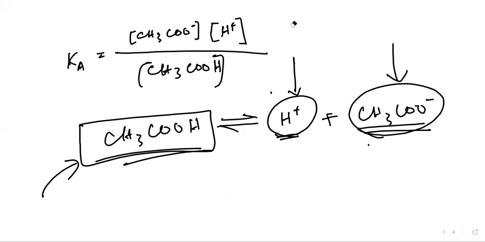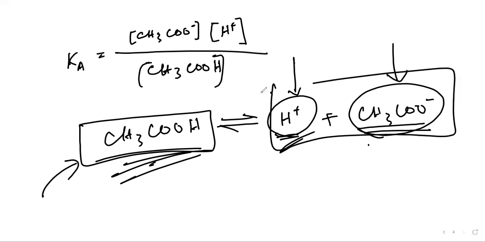We assumed the initial and the equilibrium were equal, and that H plus is only contributed from CH3COOH. But on the right hand side, we didn't assume anything about the relation between these two. Simply we can consider that the two are equally in molar ratio.